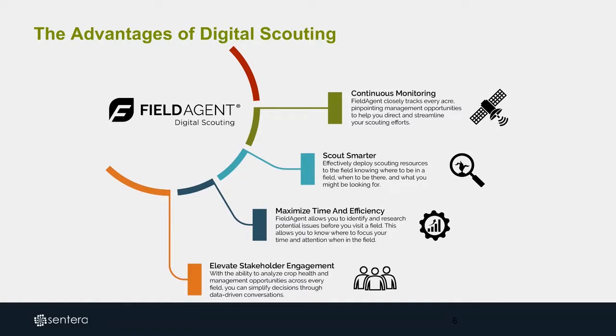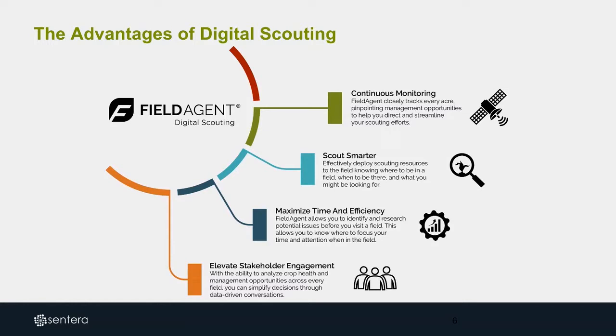And that drives to maximizing time and efficiency. Because I know what areas I can focus on that I have the potential to solve problems on before I go to fields that are performing admirably. Really taking the time to understand where I need to be, why I need to be there, and when I need to be there, and ultimately leading to better stakeholder engagement.